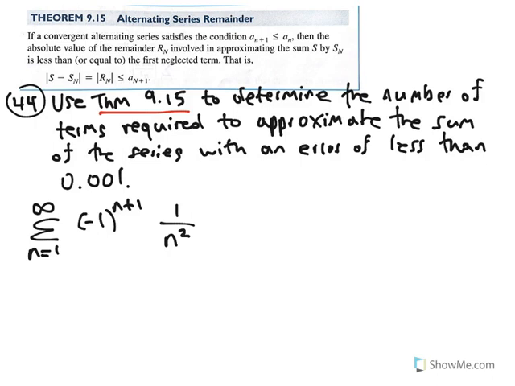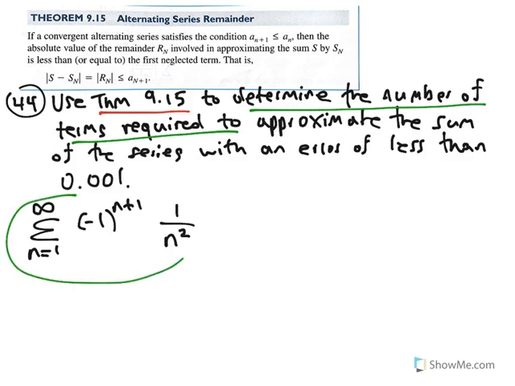In fact, we're being asked to determine what partial sum we should use, because it says determine the number of terms required to approximate the infinite sum of the convergent alternating series with an acceptable error that has to be less than 1,000th. In the previous problem, we were told to use the sixth partial sum, and then we were asked to figure out how off our approximation could be.